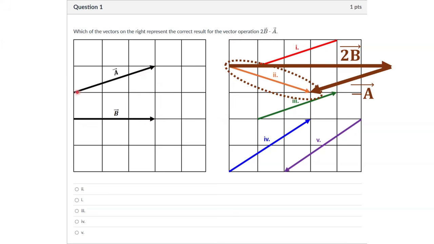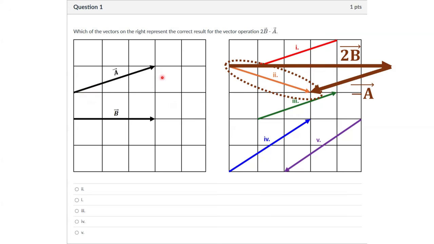And then minus a should be the exact same length as vector a, but point in the opposite direction, which means it should go over 1, 2, 3 to the left and down 1. Those would be the opposite directions of 1, 2, 3 to the right and up 1.